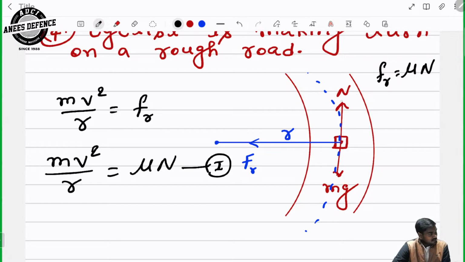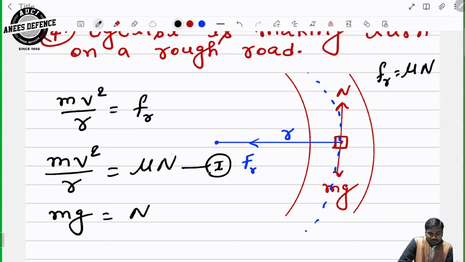Next equation, balance vertical force. So n is equal to mg. Actually, write mg is equal to n. Why?